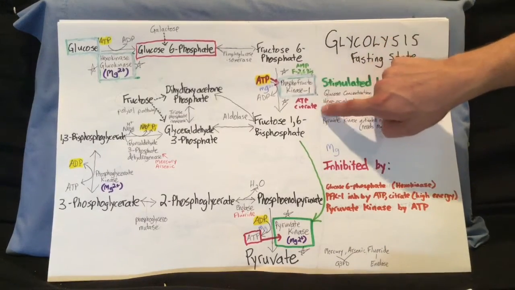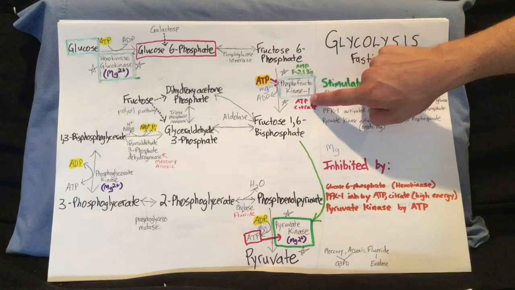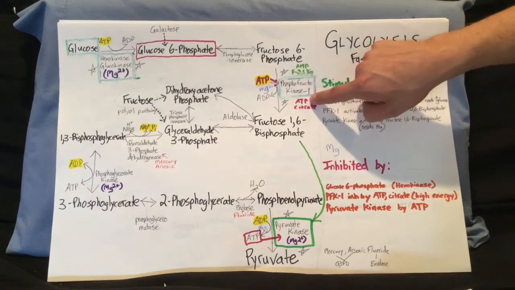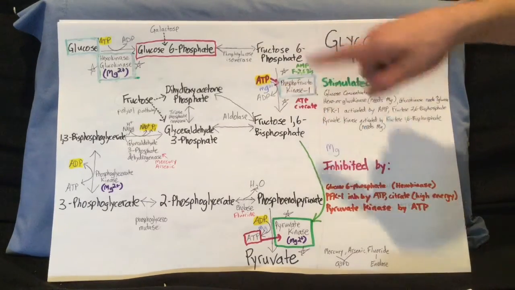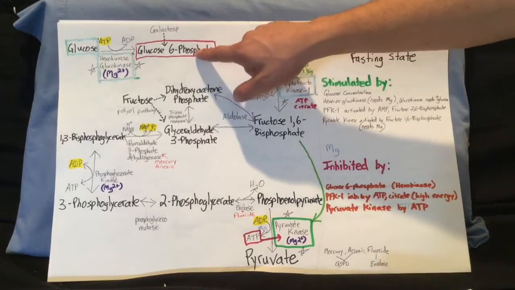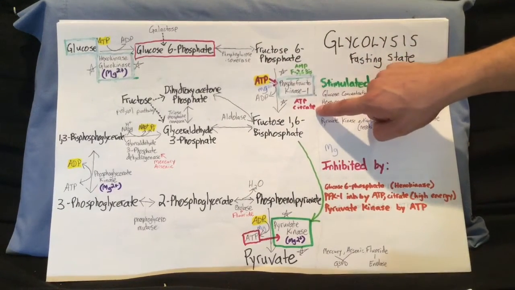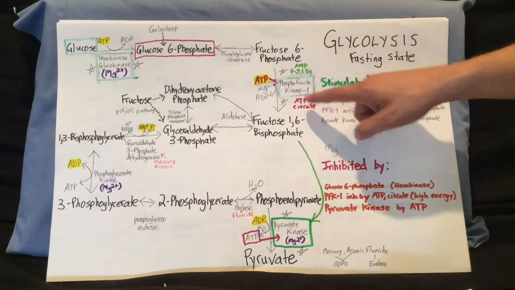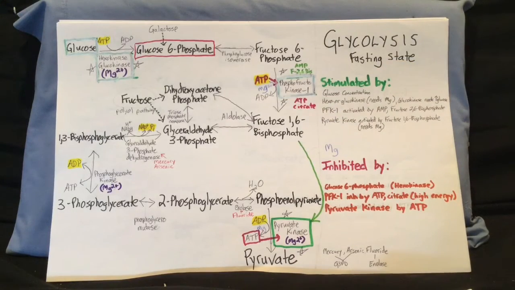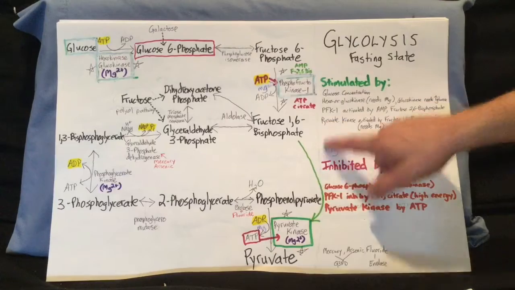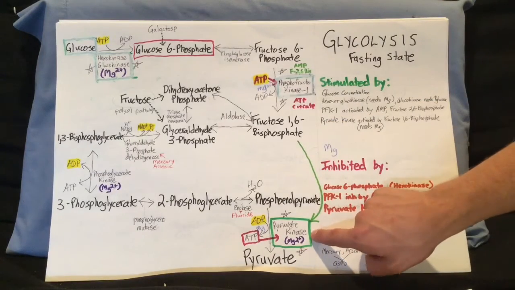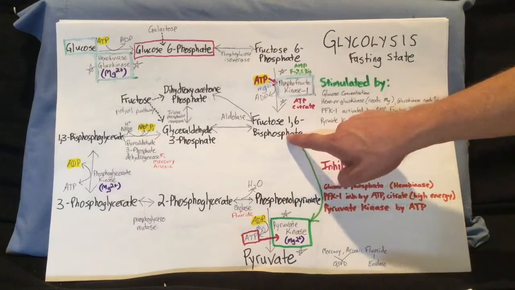Now, this step is inhibited by high energy because that's the body saying, hey, we've got energy. We don't need to keep doing this right now. And the fructose 6-phosphate or the glucose 6-phosphate can go and do other things. It is also inhibited by citrate, a result of the TCA cycle, which is also a signifier of high energy. Now down here, pyruvate kinase is activated by fructose 1,6-bisphosphate.